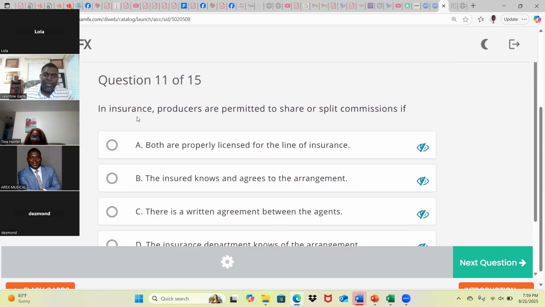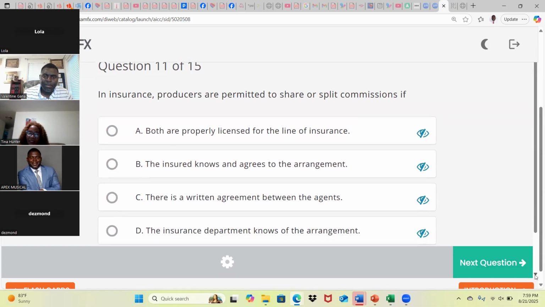Number 11 here. Tina, can you read this one? In insurance, producers are permitted to share or split commission if A, both are properly licensed for the line of insurance. B, the insured knows and agrees to the arrangement.